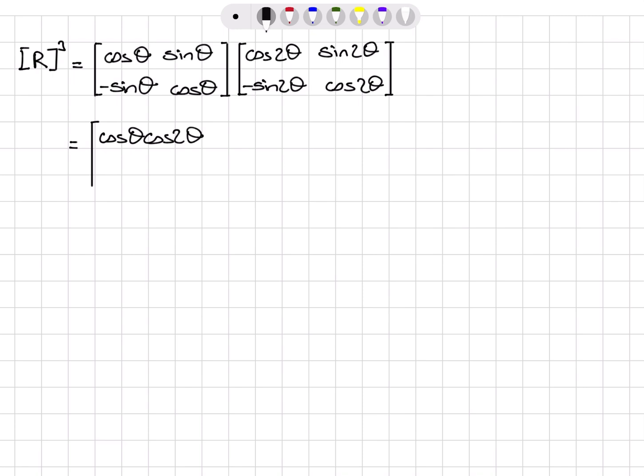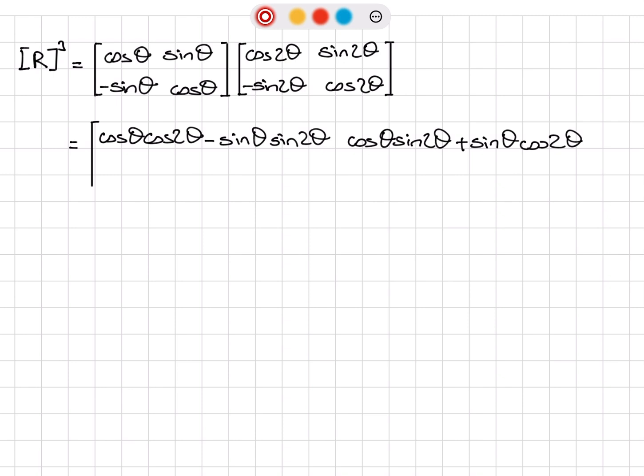That's the first element. Then first row, second column: cosine theta sine 2 theta plus sine theta cosine 2 theta.